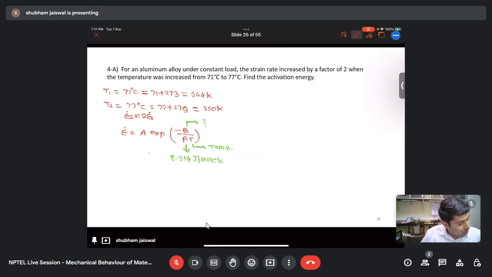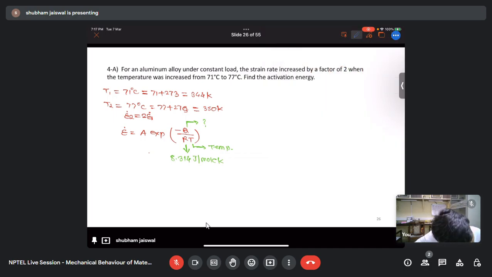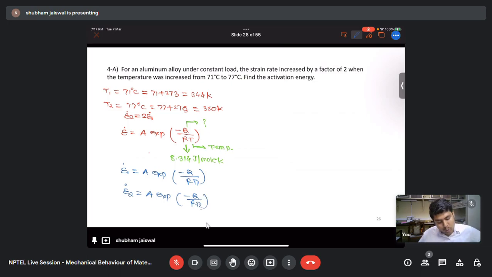So if I write down the equation for two different strain rates, it will be something like this: epsilon 1 dot equal to A exponential minus Q upon RT1, and similarly epsilon 2 dot equal to A exponential minus Q upon RT2. This is equation 1 and this is equation 2.